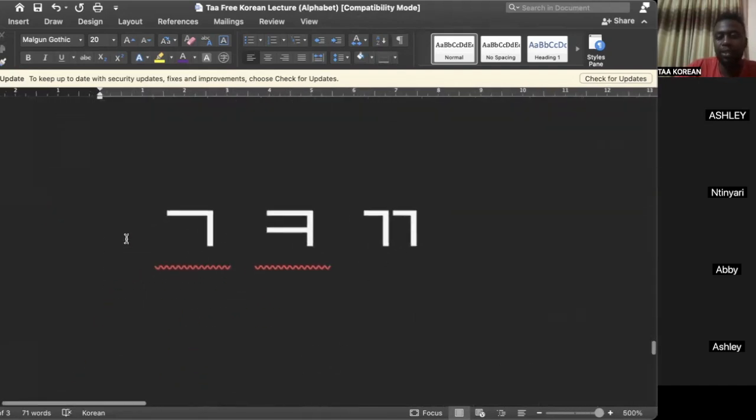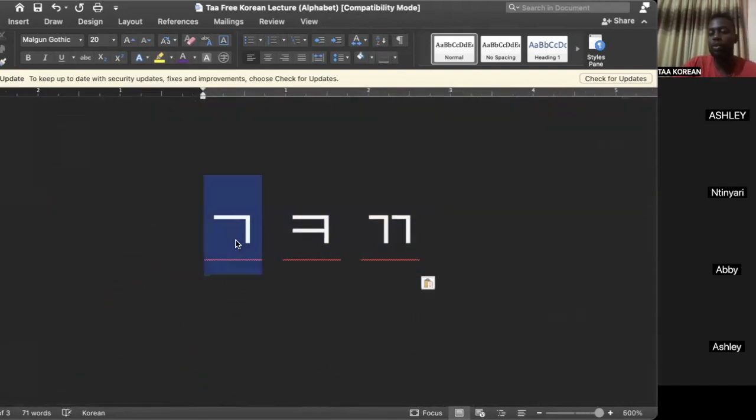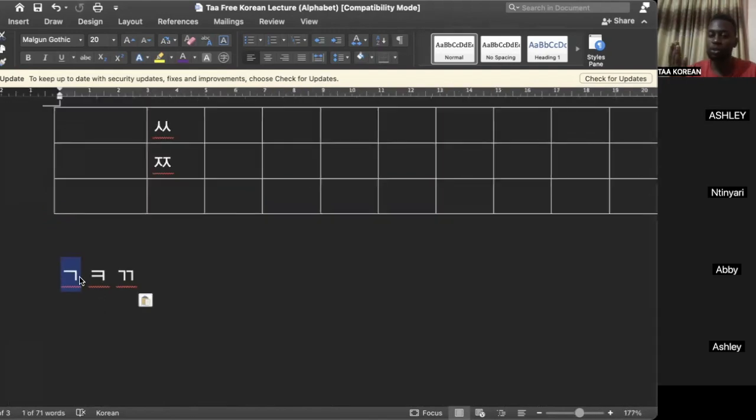Now, for the first letter, let's just try pronouncing a normal G. Wherever you are, those who prefer to turn on their cameras, if you want to learn these sounds, the difference, just look at this. Now, we said it's G, right? If we put our palms in front of our mouths like this and we say G, G, there will be a bit of air getting to the palm of your hand.